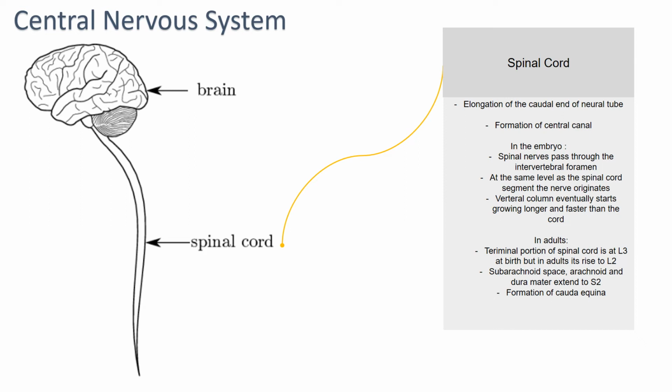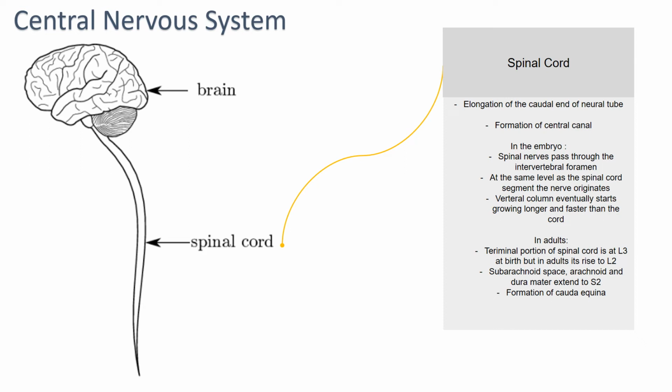And then from birth through to adulthood, the terminal portion of the spinal cord will continue to rise, so that technically, by the time we get to the 24th week of development, the spinal cord basically stops at a level of the S1 vertebra, which means that the end of the cord really rests around the level of L2 or about L3 in a newborn.